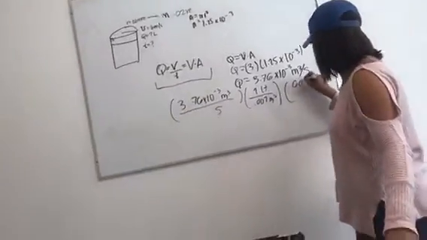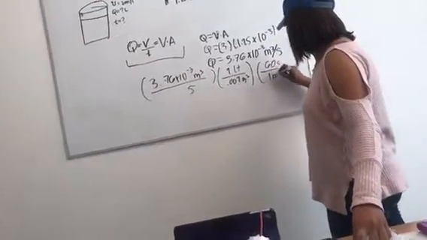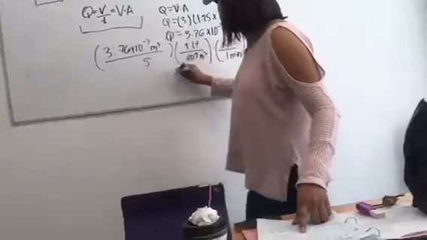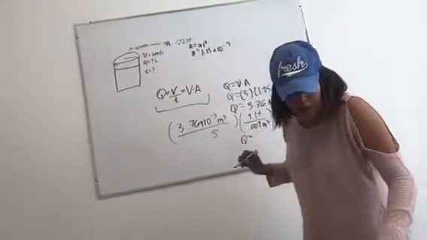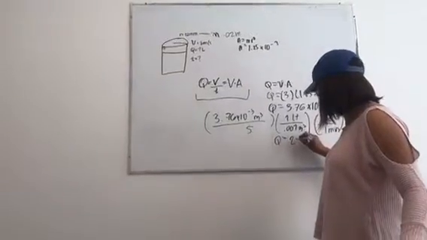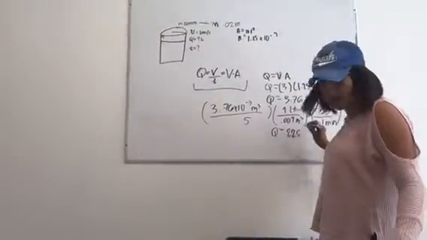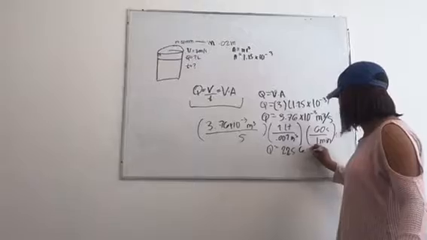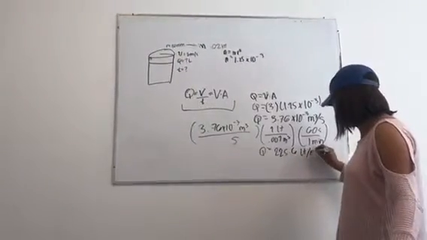So it's 60 seconds, 1 minute. So it's going to be 225.6 liters per minute.